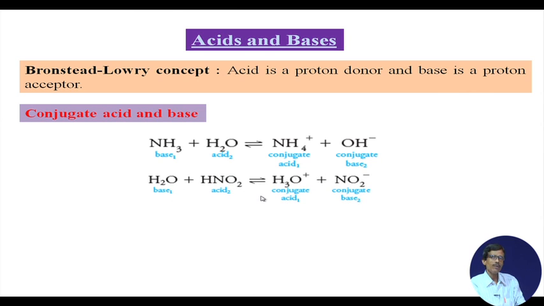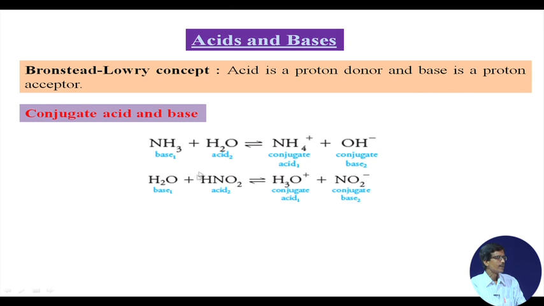Similarly, water can also function as a base, because it can play a dual role. In the previous example water was the acid, but now we are using a stronger acid compared to the water molecule. This acid 2 is nothing but nitrous acid.